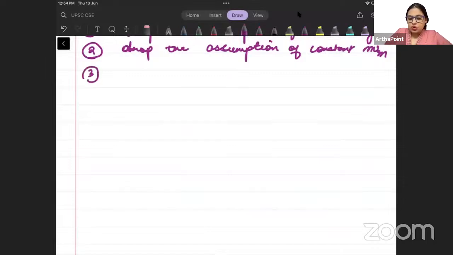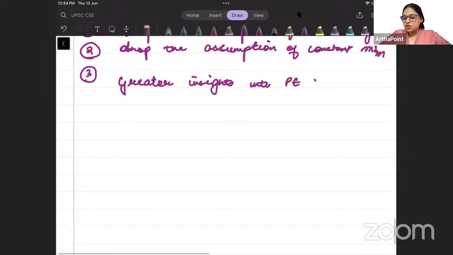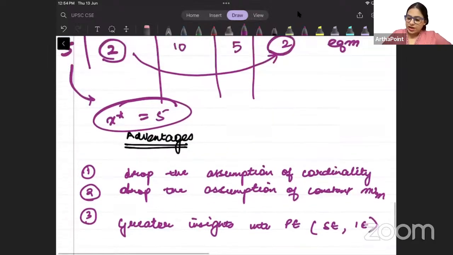Okay. The third one is that we now have greater insights into the price effect, substitution effect, and income effect. So try to understand.